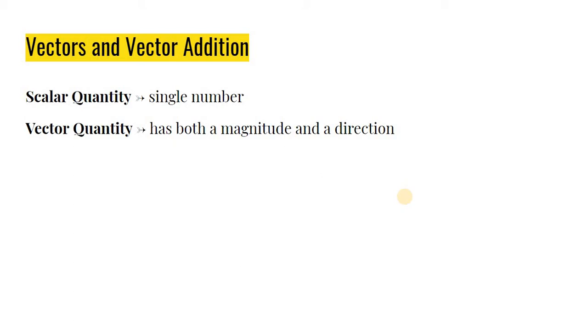Another example, 3 kilometers north of west. So that is also another vector quantity. So the difference between scalar and vector: scalar is just a number, while vector has a magnitude and a direction.